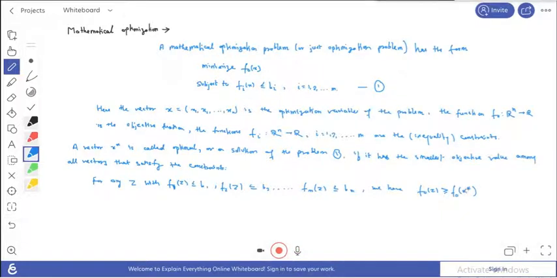Okay, and this optimization problem is said to be a linear programming problem if our objective and constraint functions are linear.